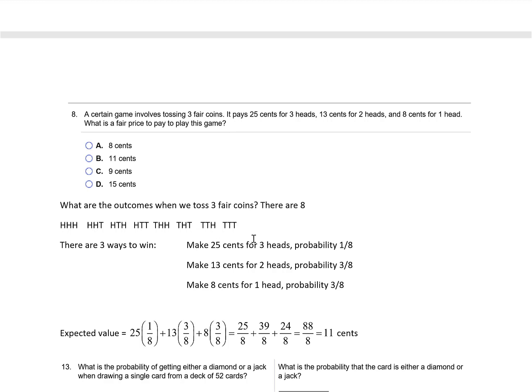You get 25 cents if you get 3 heads, and among the 8 outcomes there's only 1, so the probability of that is 1 over 8. We get 13 cents if we have 2 heads, and there are actually 3 outcomes that fit that criteria. Then 8 cents if we get 1 head, and there are also 3 of those, so the probability there is 3 out of 8. If we put those pieces together in our expectation formula, we come out with an expected value of 11 cents.